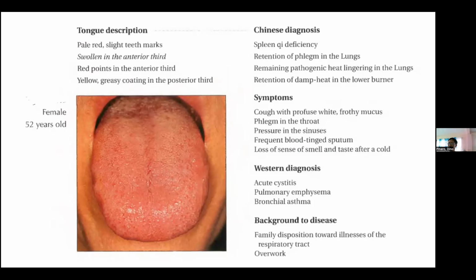Patient symptoms are cough with profuse white frothy mucus, phlegm in the throat, pressure in the sinuses, frequent blood-tinged sputum, loss of sense of smell and taste after a cold. Western diagnosis: acute cystitis, pulmonary emphysema, bronchial asthma. Background to disease: family disposition towards illness of the respiratory tract and overwork.